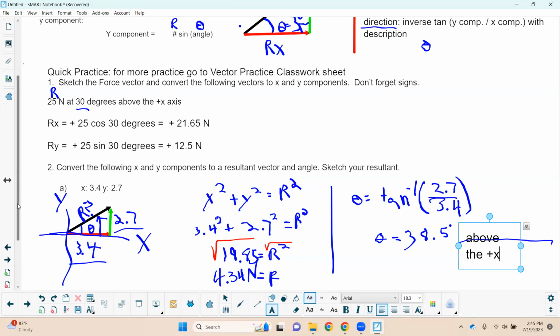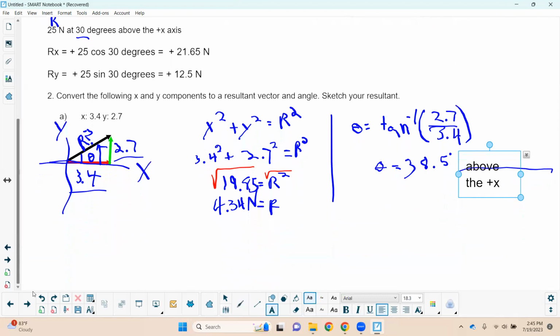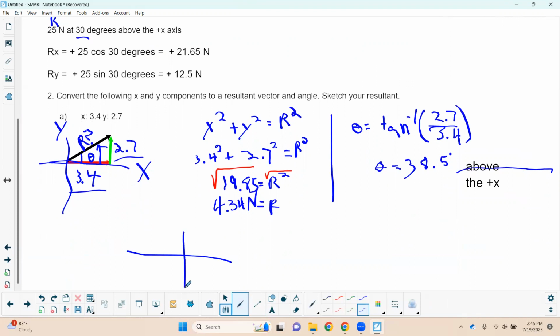Just to practice a couple more of these, just to make sure it makes sense. You're not going to have to do this very often, but just to make sure I'm explaining it in a way that makes sense. So let's say we had a vector that went that way, and we wanted to describe the angle between the black arrow and the x-axis, the horizontal axis.